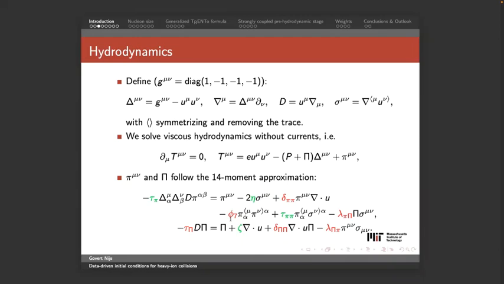So we kept some of them fixed. And the only thing you need to really remember from this slide for the rest of the talk is this 14 moment approximation. I'll bring it back when it's needed.